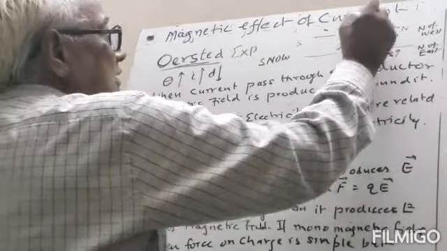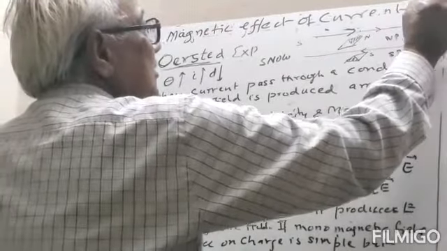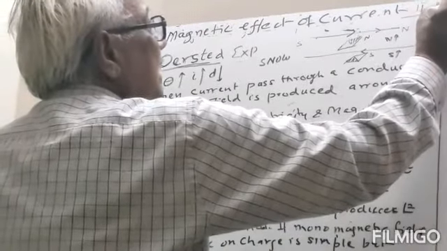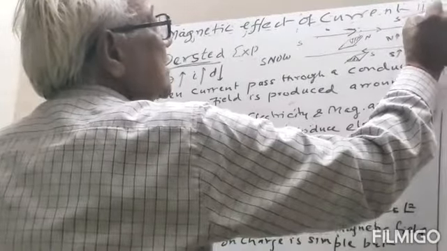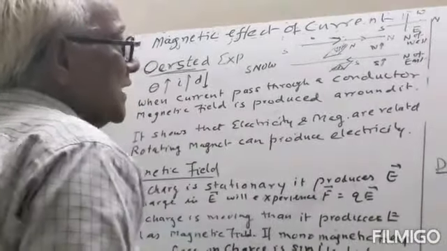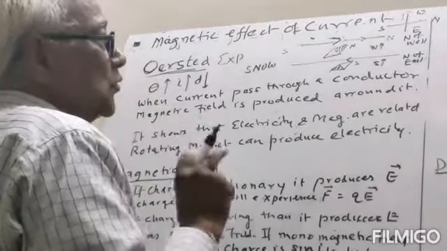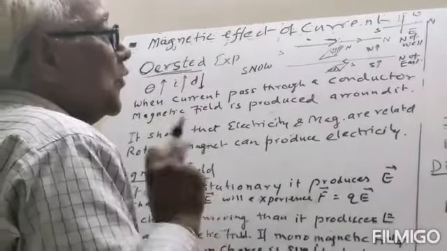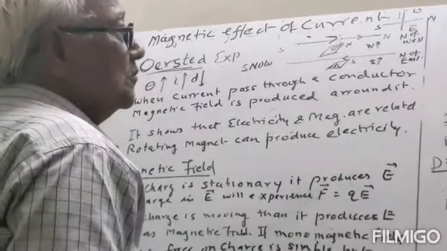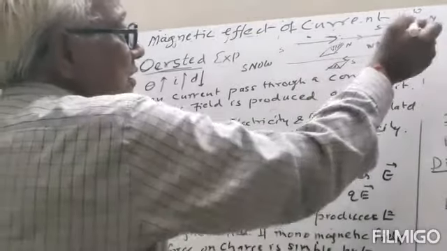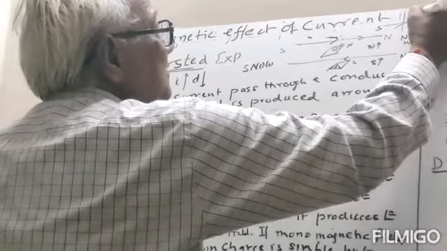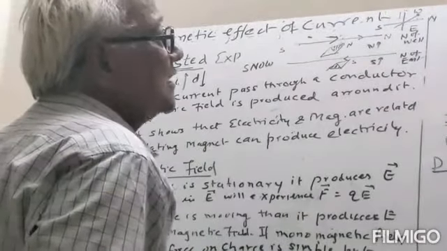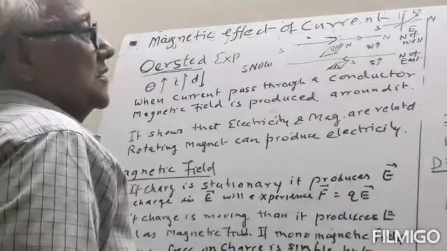So this is your north direction, this is south direction, this is west direction, and this is the east direction. So the north pole of the magnetic needle will be in this direction, and this direction is known as the north of west.